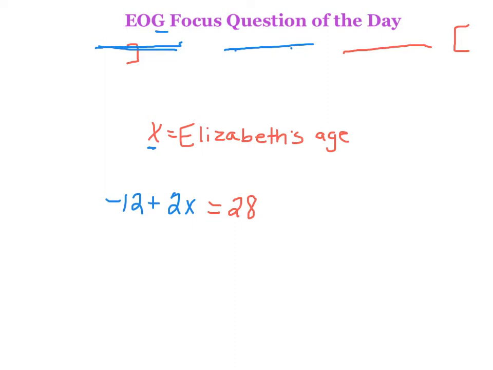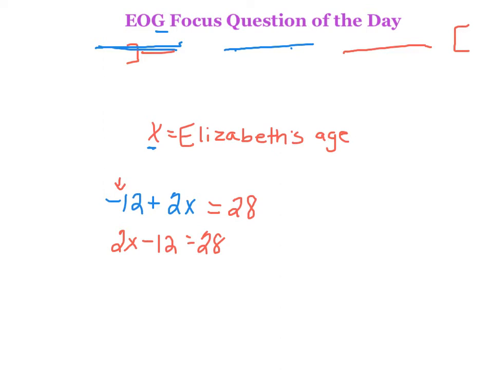So this is my equation. Negative 12 plus 2x equals 28. However, I can rewrite it so our x comes first, which is normally like we're used to seeing it. So that would be 2x minus 12, since this was a negative, since it was younger, equals 28.